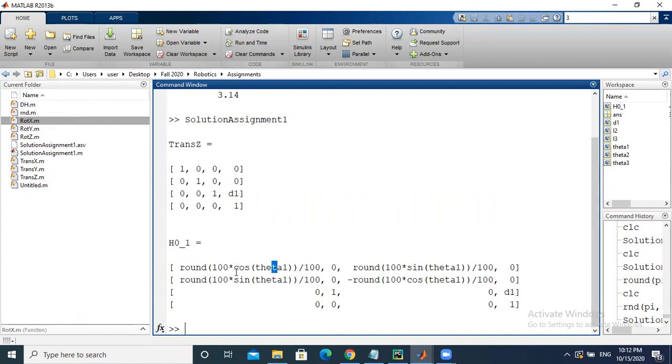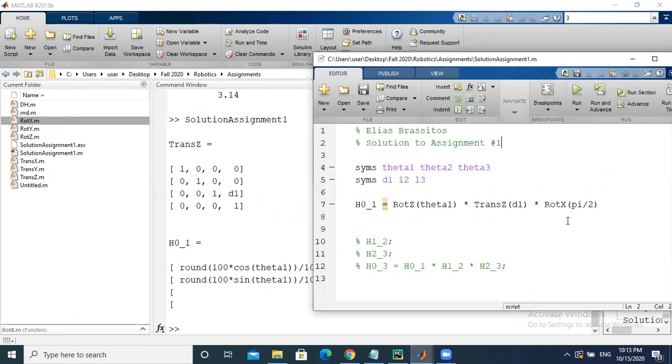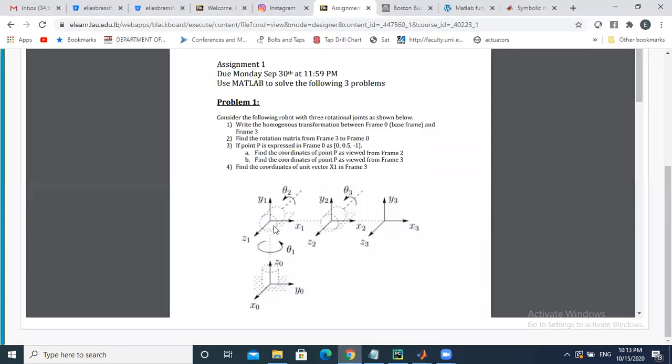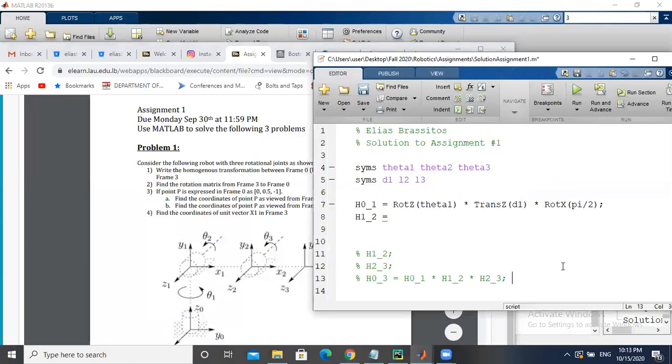So essentially you can think of this entity as simply cosine of theta 1, right? Okay, so this is my H01. Let's look into H12. What is H12? Coming back to the assignment, H12 is simply you rotate about Z by theta 2 and then you translate along what?